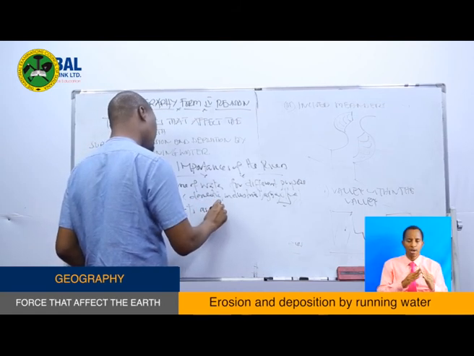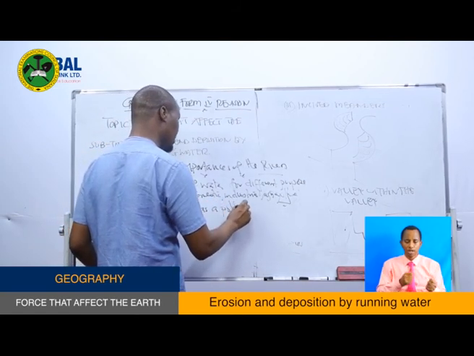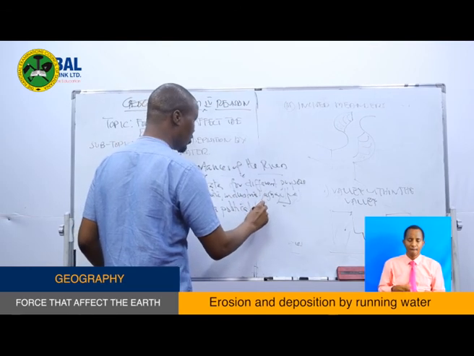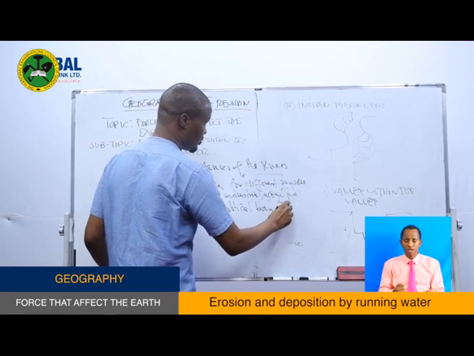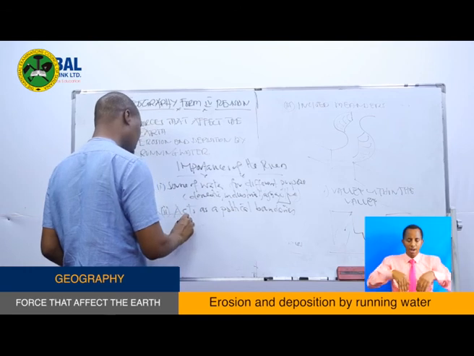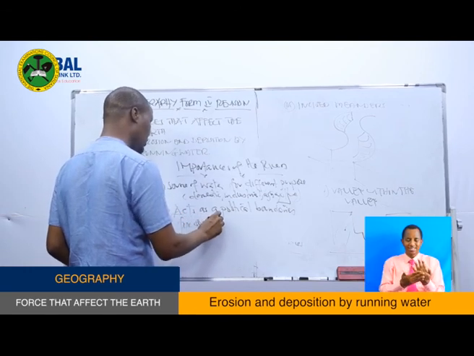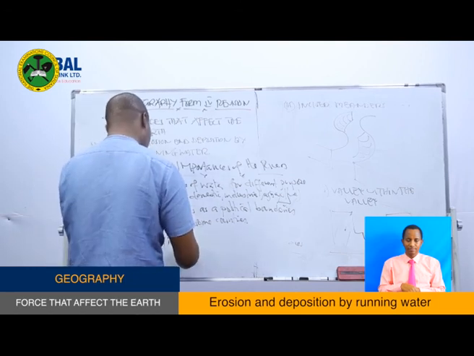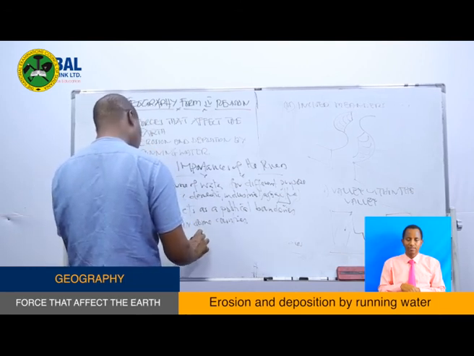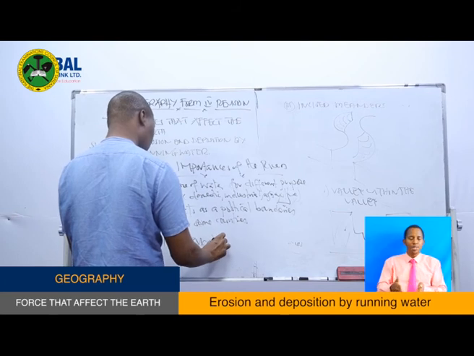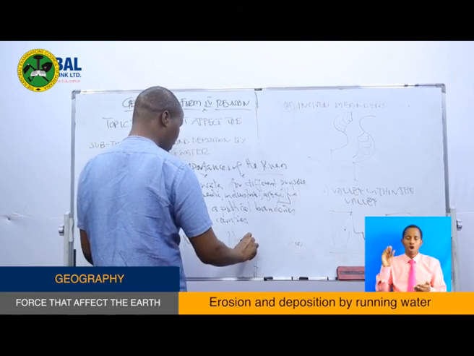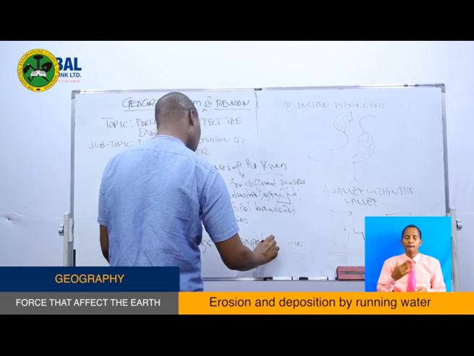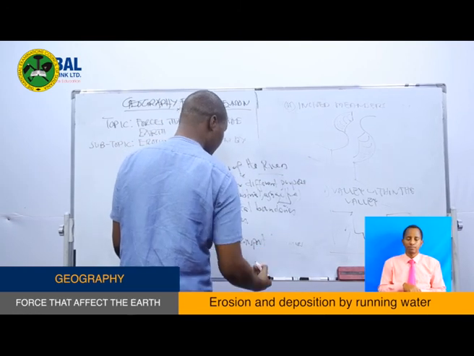Then we say the river acts as a political boundary for some countries. Political boundaries, boundaries for some countries. We said it is used for navigation. It means transport through water. Transport through water.